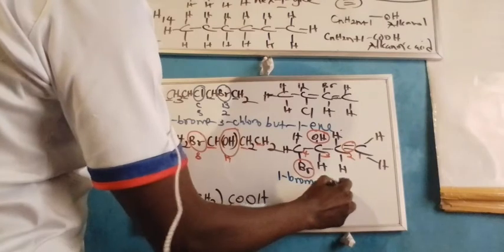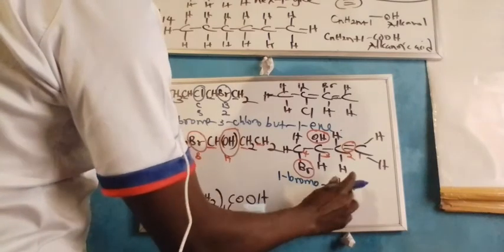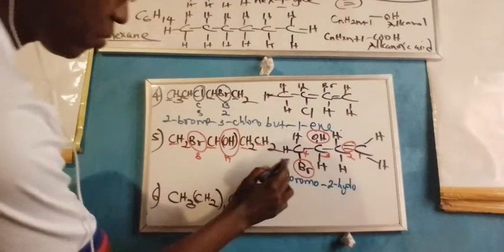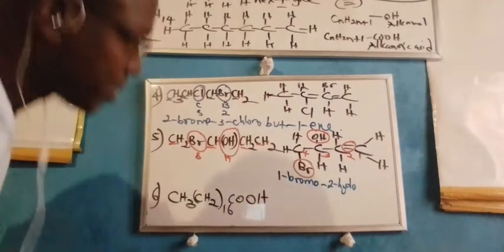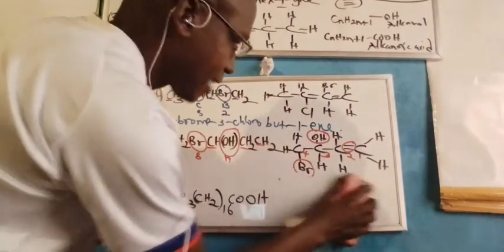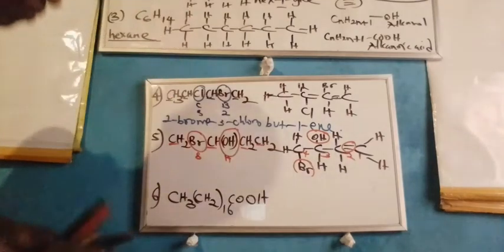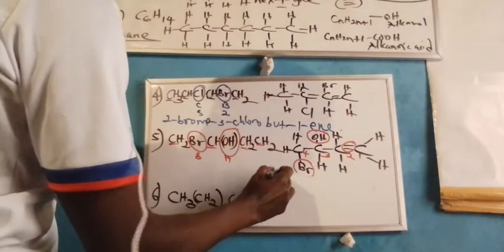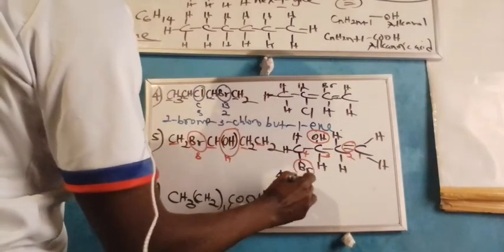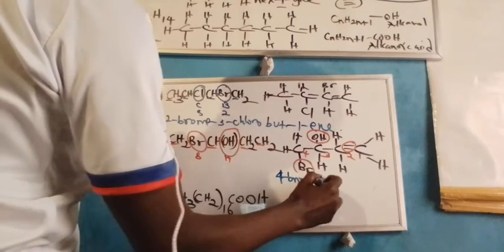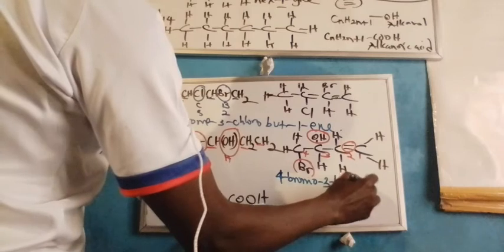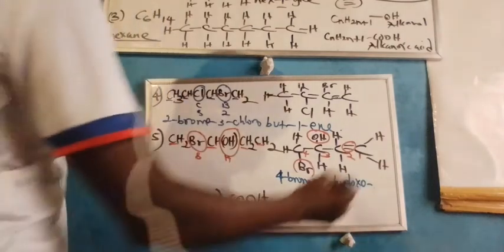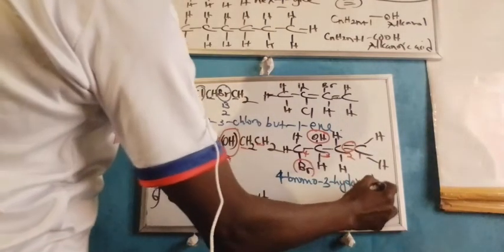Is it 1 bromo, 2 hydroxyl? This is not 1 even, it is 4, because it is named from the right-hand side. So it is 4 bromo, 3 hydroxyl, then it's a but-1-ene.